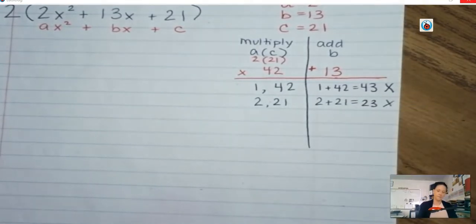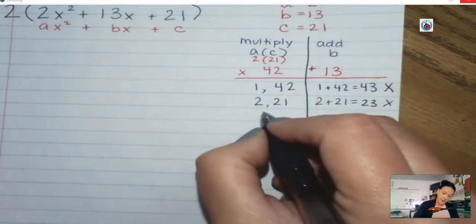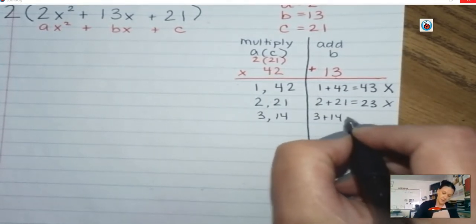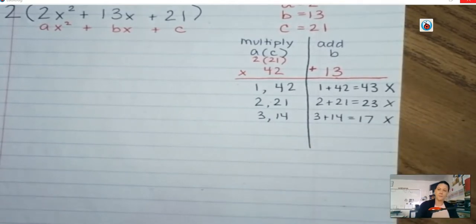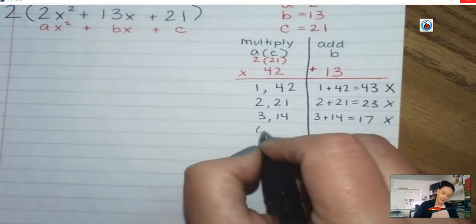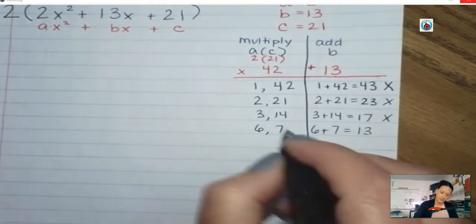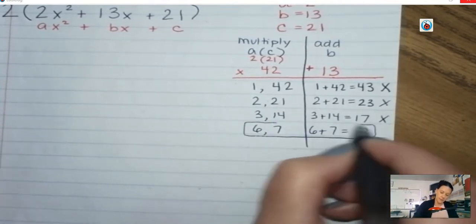That's not it. 3 times 14, but 3 plus 14 is 17, so that's not it. 6 times 7. Yes, because 6 plus 7 is 13. So we have our combination.